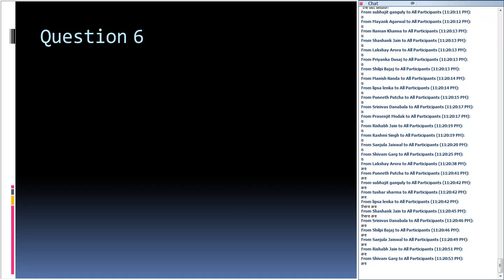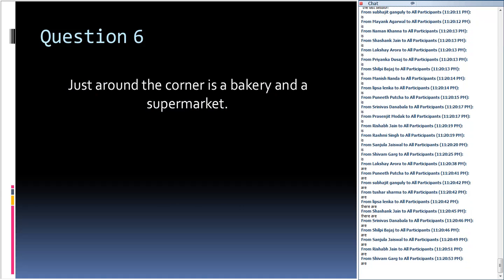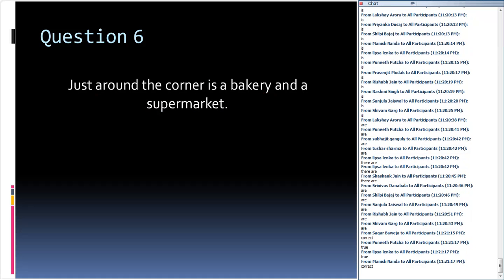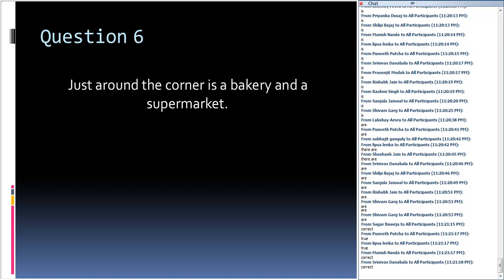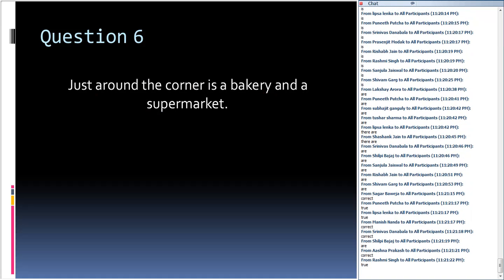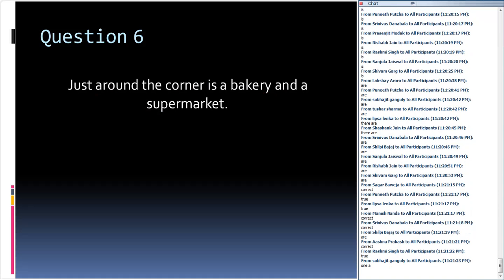Question number 6. Just around the corner is a bakery and a supermarket. It is not correct. There are two things, a bakery and a supermarket.